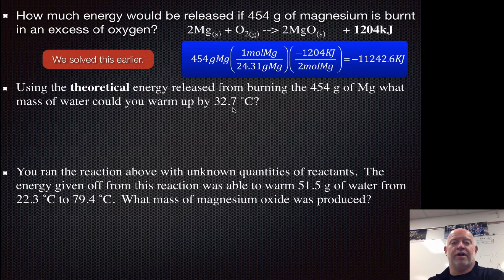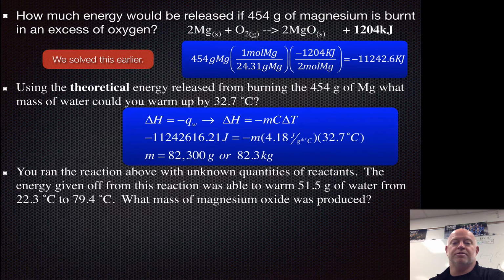Set it up that way, and then identify our change in temperature, identify the specific heat capacity. In this case, we're trying to warm water, so it's water's specific heat capacity. That's a number you have to look up as you do this, and then we're going to solve for the mass of the water. Okay, so pause the video here, and then once you have worked it out, hit play, and we'll see the solution.